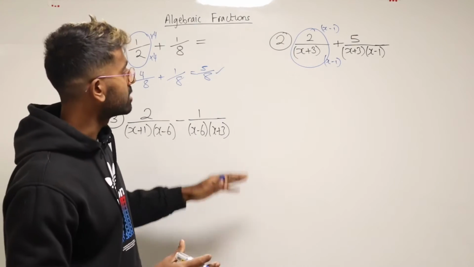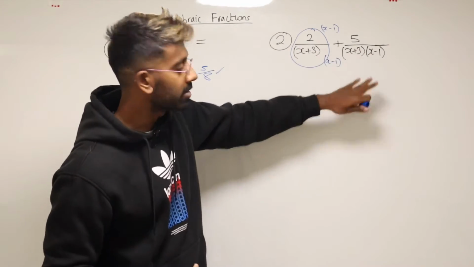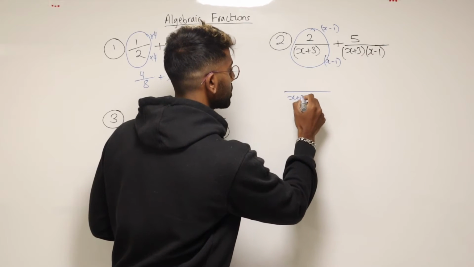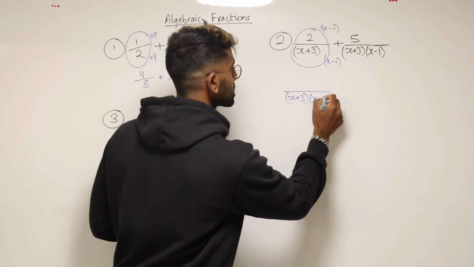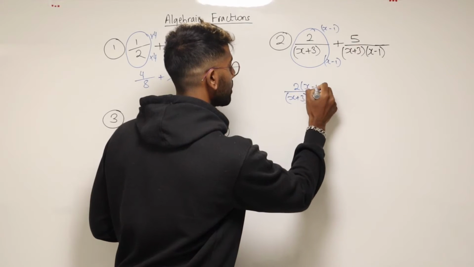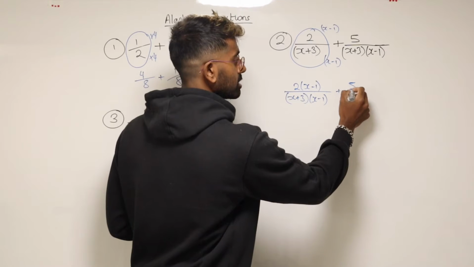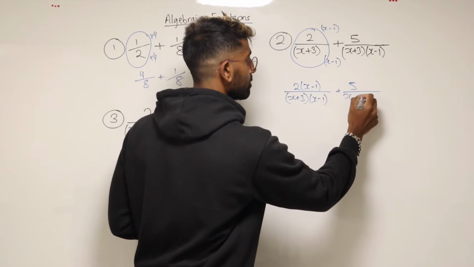So we don't actually need to times this fully by this. And so my common denominator here is just x plus 3 and x minus 1. And the top there is going to become 2 lots of x minus 1. And the second fraction can stay exactly the same as it is.